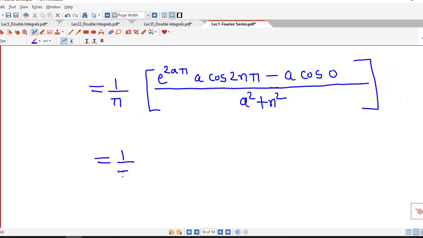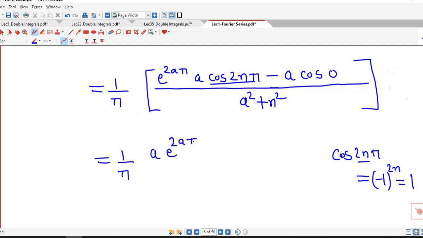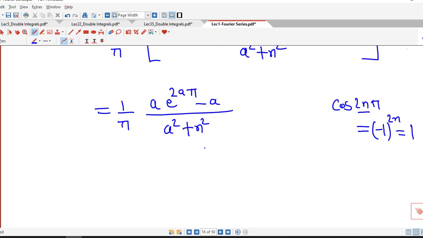So now this is equal to 1 over pi. Cos 2n pi is nothing but 1. We know that cos n pi is minus 1 raised to n, so cos 2n pi is minus 1 raised to 2n, which is 1. So this is equal to e raised to 2a pi minus a divided by a square plus n square, and we can take a common.